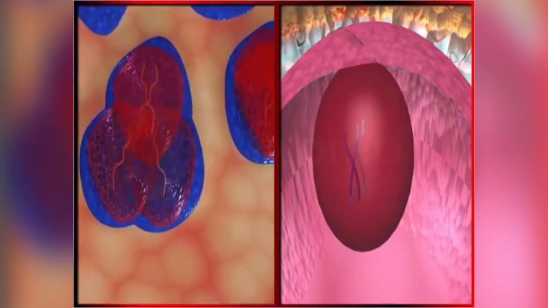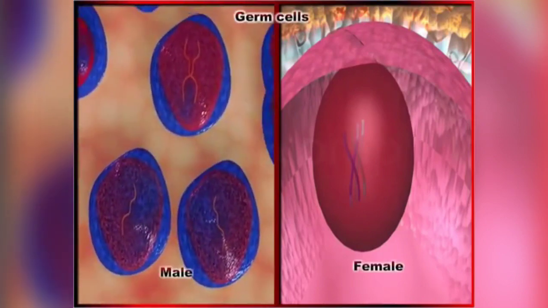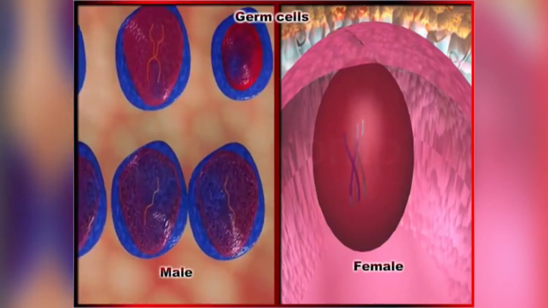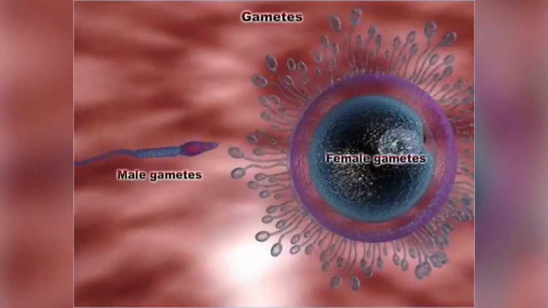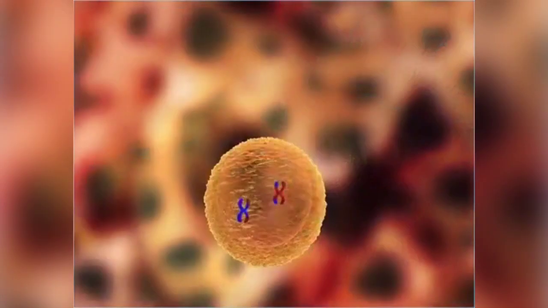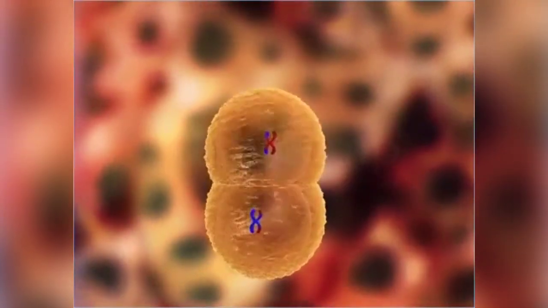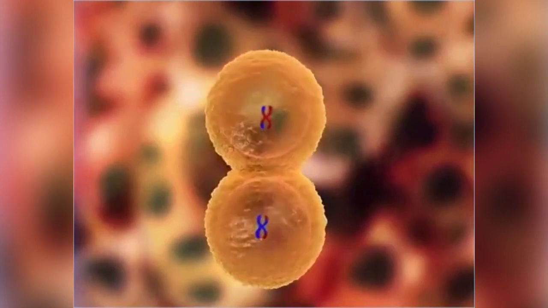Meiosis is a nuclear division that occurs in the germ cells of sexually reproducing organisms during the production of reproductive cells called gametes. Meiosis is a reductional division that reduces the chromosome number of a cell by half.